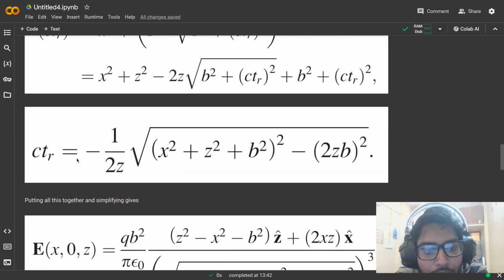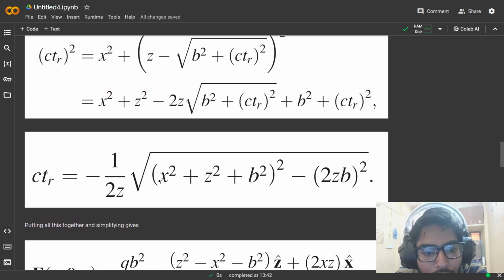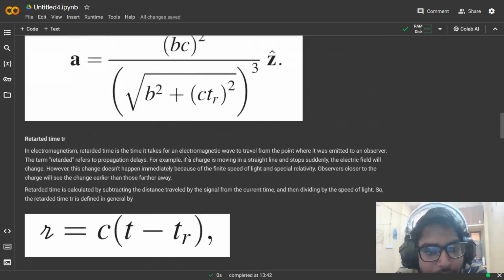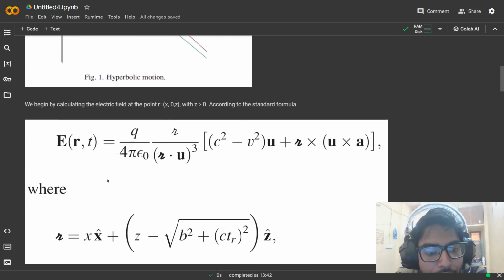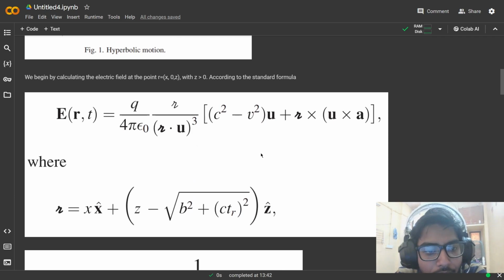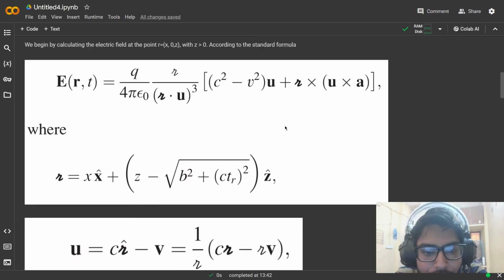So generally what we do is put all these formulas, all these equations, this ct_r, the vector v, the vector u, into this electric field equation.